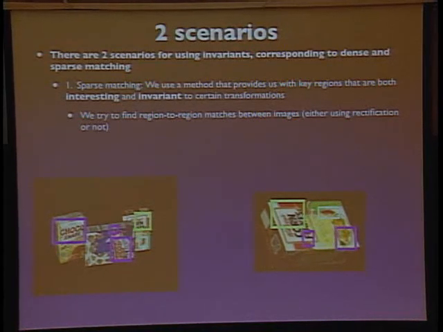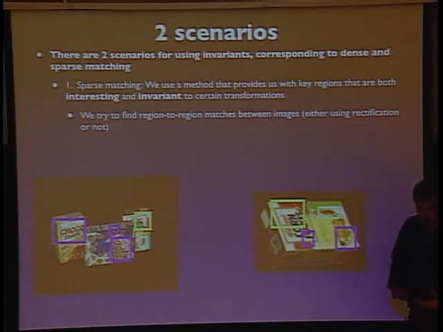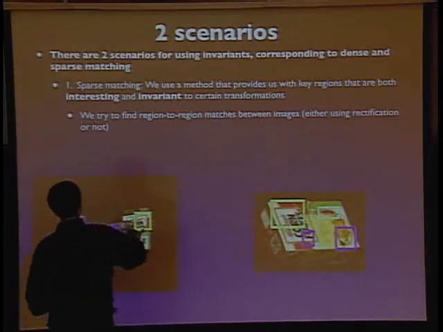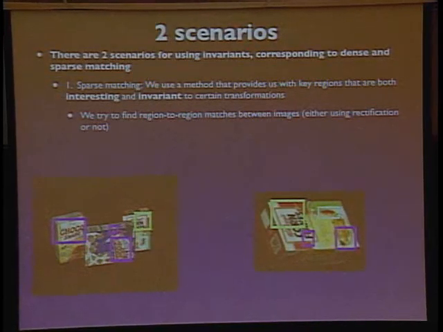And in fact, what you can usually do with these interesting region approaches is rectify them as well. Your pre-processing step that tells you where the interesting regions are in the image would not only tell you that the green box here is interesting and that the green box here is interesting, but it will suggest a way to rotate both of them so that you end up in a canonical orientation. Does that idea make sense? So you can front load your detection mechanism so that it does this kind of generally interesting and transformation invariant region detection before you even suggest to it what the features are.